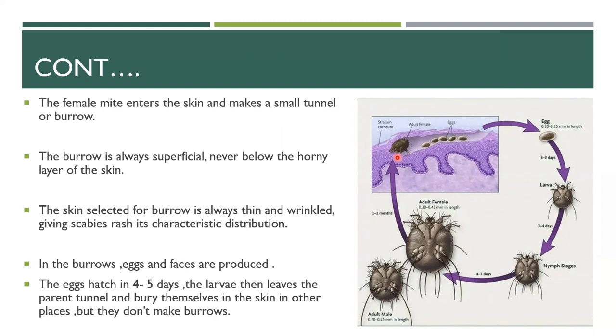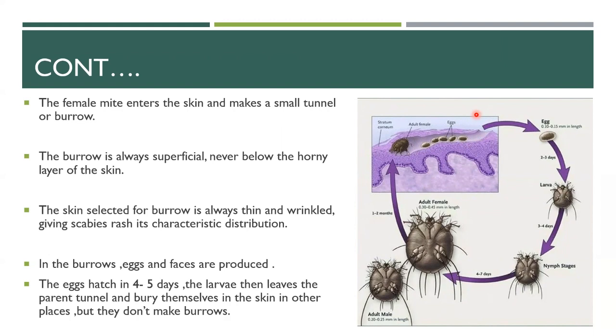Okay, so once it burrows and gets to the point that it wants, the adult female will lay eggs and also produce feces. And by the way, these are the things that elicit the immune reaction and the itchiness. After 4 to 5 days, the eggs produced by the female will hatch, and then they will leave this tunnel, go to another area and bury themselves in the skin, but they do not make the burrows.